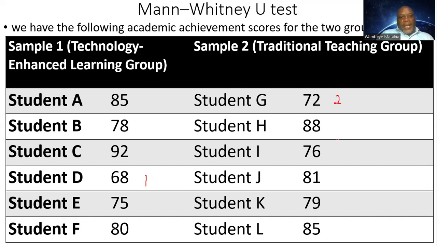Then I'll move on to the next one, which is 75, which will take rank 3. Then the next one is 76, which will rank 4. Then I'll go to 78, which will take rank 5.